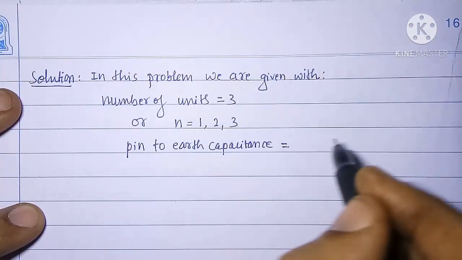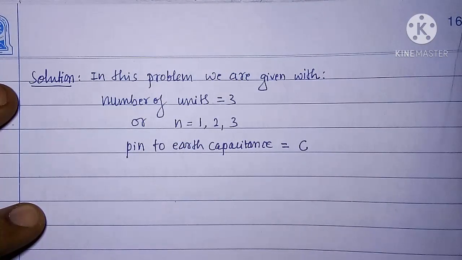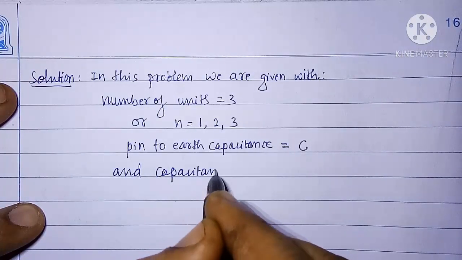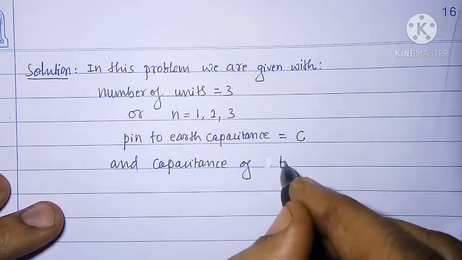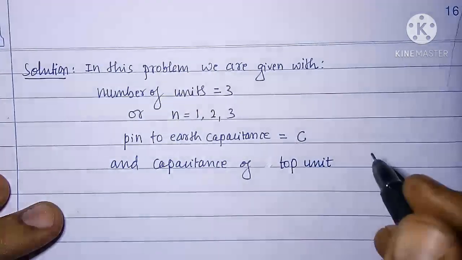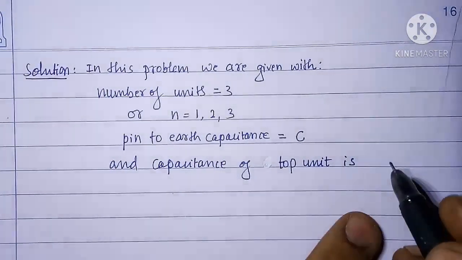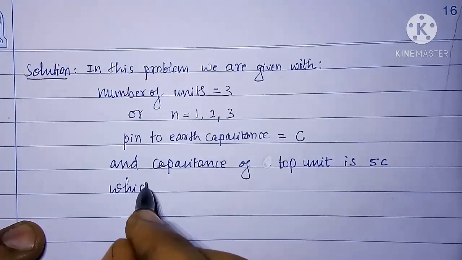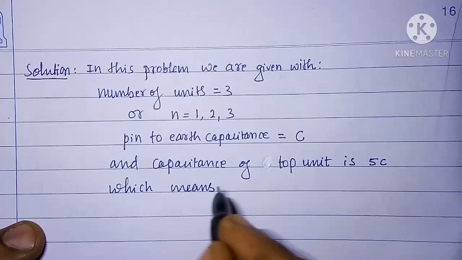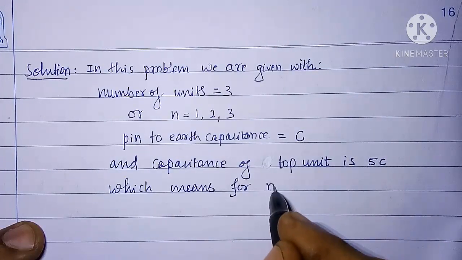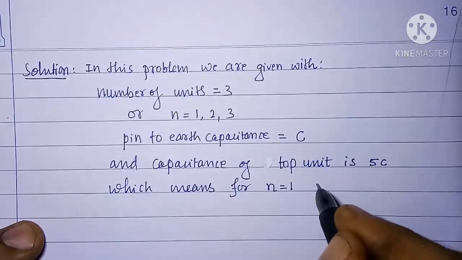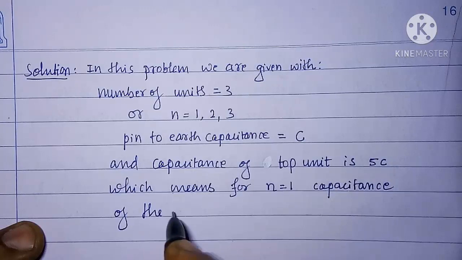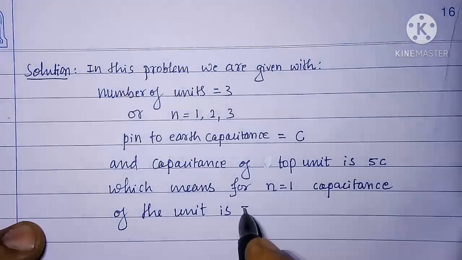Pin to earth capacitance is equal to capital C and capacitance of top unit is 5C, which means for n equal to 1, capacitance of the unit is 5C.